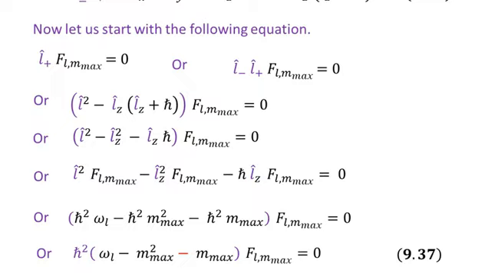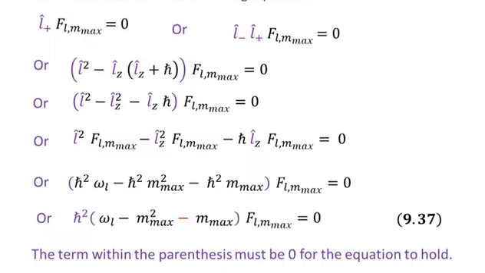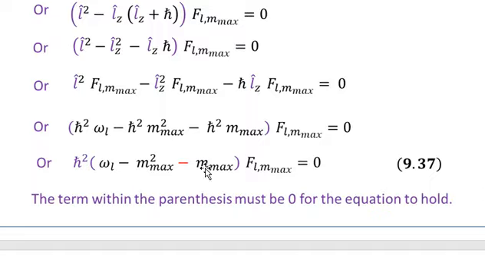And I can write this in the simplified form as shown in equation number 37. h bar square has been taken as a common factor on the left hand side, and within the parentheses I have lambda l minus m max square minus m max, and on the right hand side I have f l, m max is equal to 0.